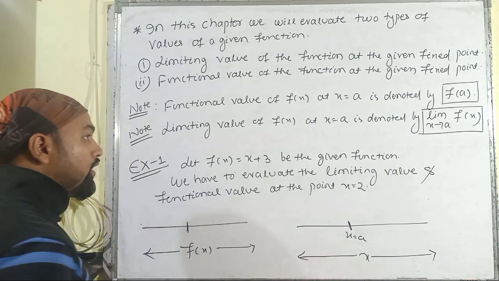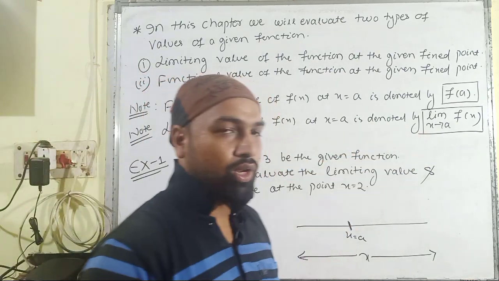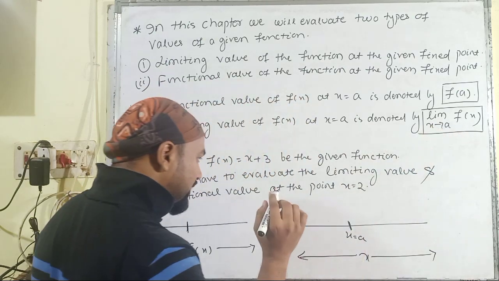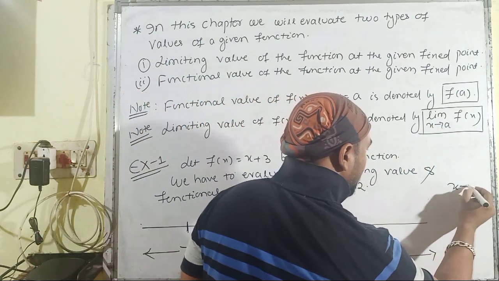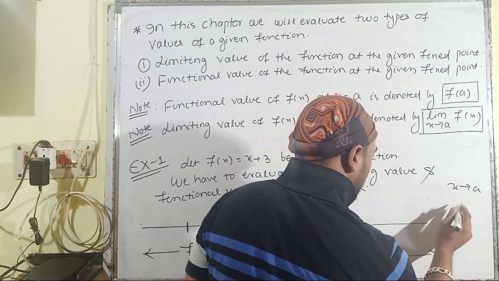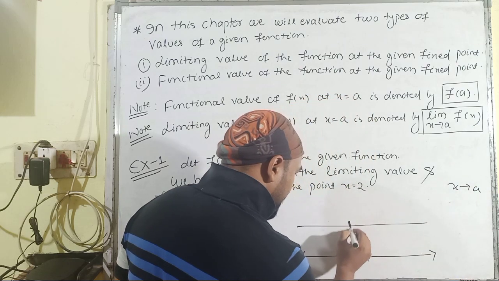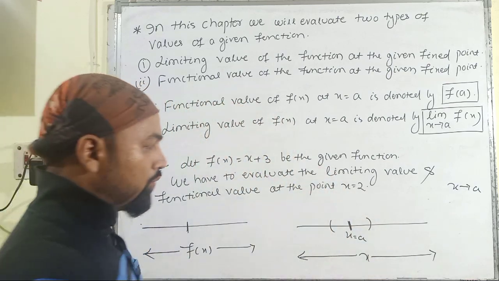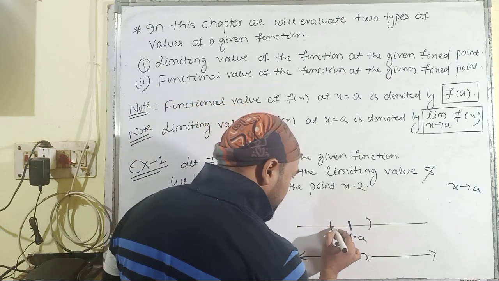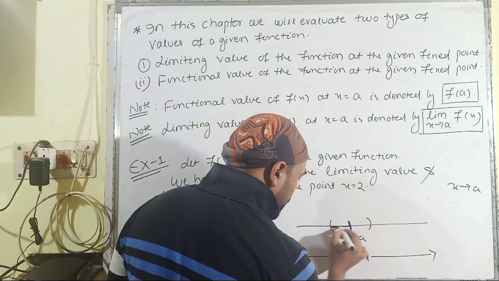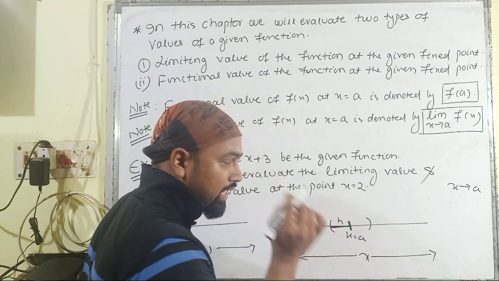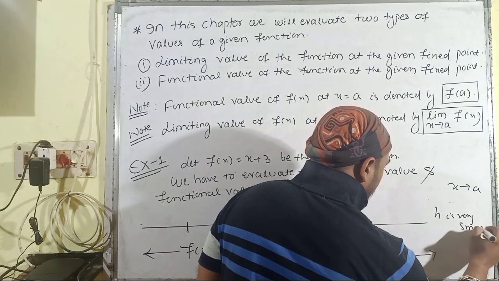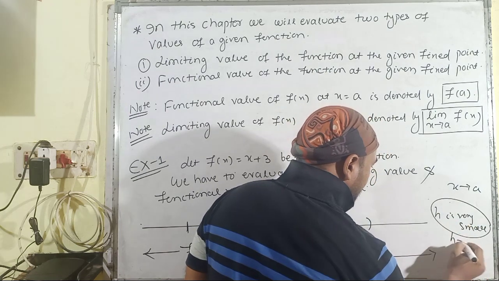But in the case of a limiting value, it is given that x tends to a. X tends to a means, suppose this is the point a, then you have to cover a neighborhood of a. Suppose the distance is h, which is very negligible, very small, that means h tends to 0.